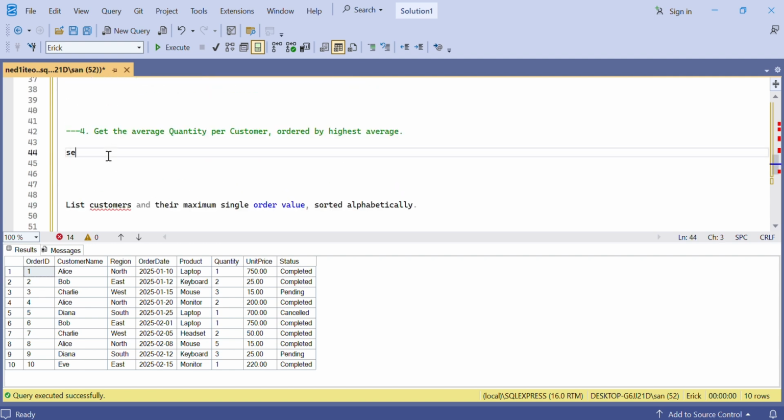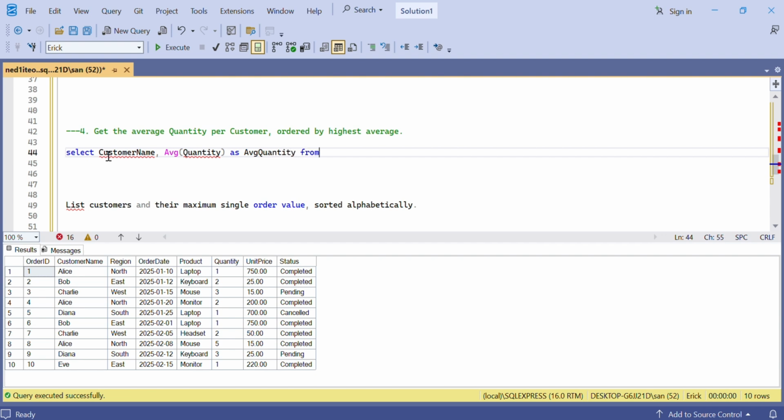So I'm just going to write select customer name, customer name, and then AVG quantity, as AVG quantity.